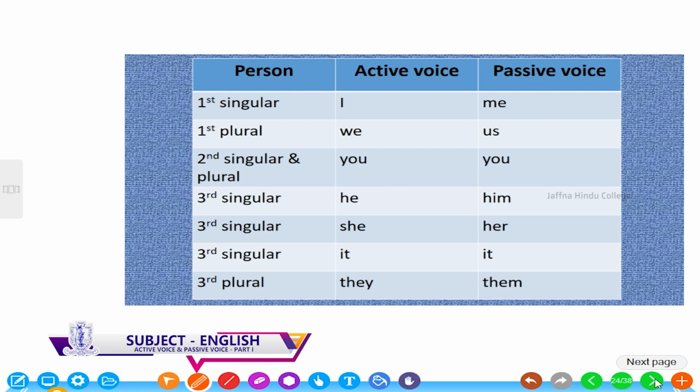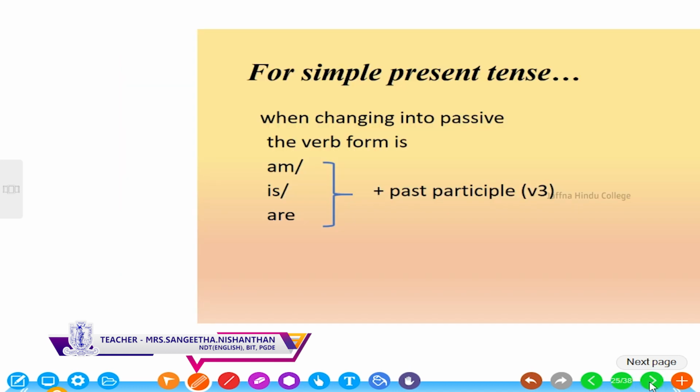And third person singular he changes to him. The third person singular she changes to her. It remains as it, and the third person plural they changes into them. This is how the pronouns are changed when we change into passive voice. You should memorize it. The subject pronoun changes to object pronouns.